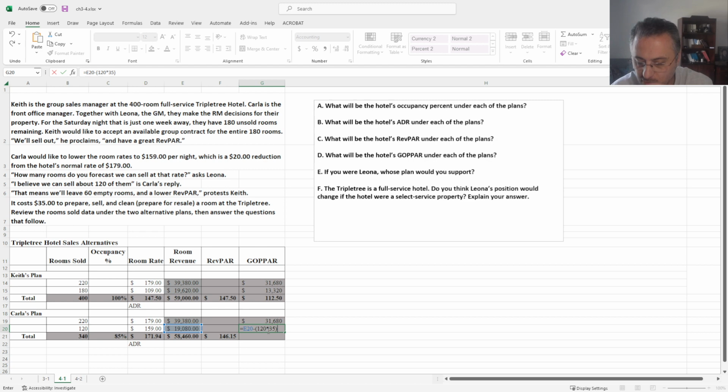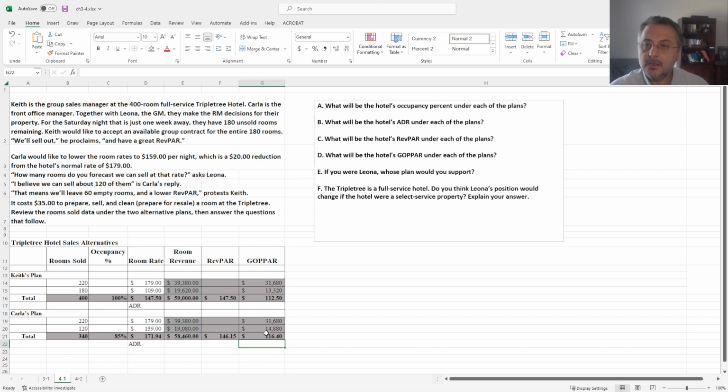We could have also taken the total revenue and the total 340 rooms times 35, but for the sake of calculation, we are doing this. Now, we add these together and divide by 400 rooms.